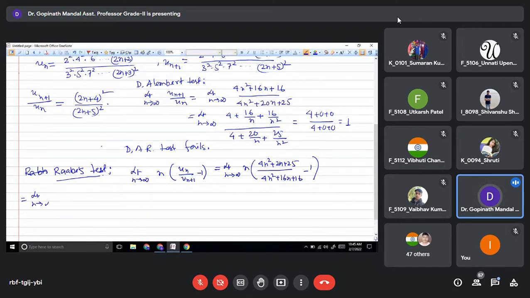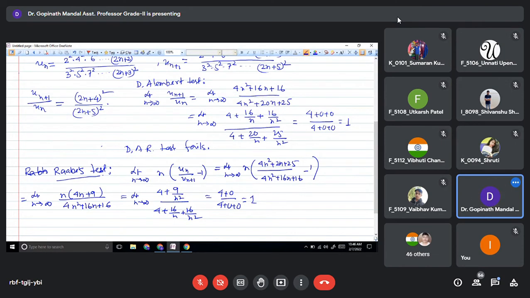Limit n tending to infinity, 4n square cancels, and n into 4n plus 9 by 4n square plus 16n plus 16. Now divide by n square in the upper and lower. So this will be 4 plus 9 by n over 4 plus 16 by n plus 16 by n square. Taking limit, we get 4 by 4, again 1.